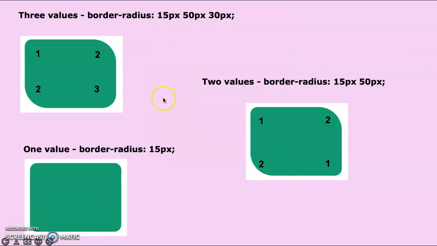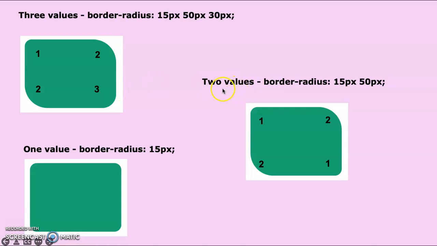In case you have 3 values, the first applies to top left corner, the second to top right and bottom left corner, and the third to bottom right corner.